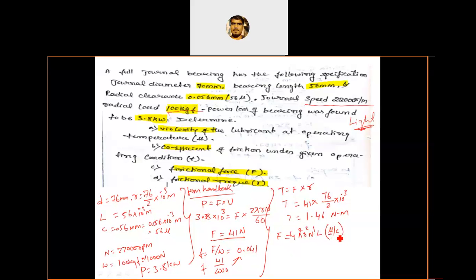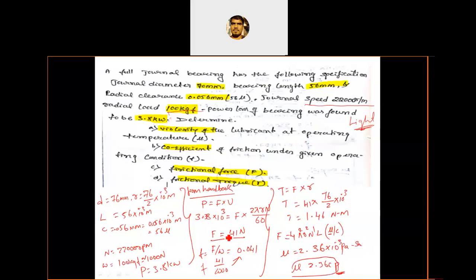We know the value of C, L, N, R and F. So mu is equal to 2.36 into 10 raised to minus 3 Pascal second. In terms of Pascal second, you have to convert to centipoise. So 2.36 centipoise. It's the viscosity.